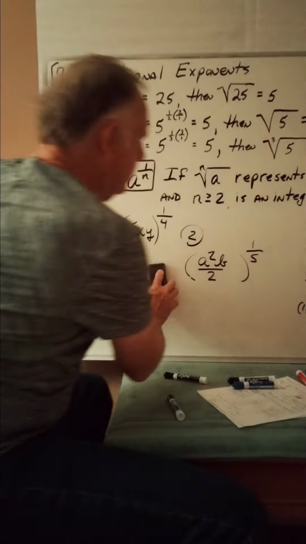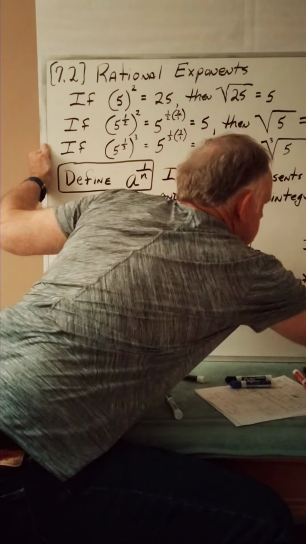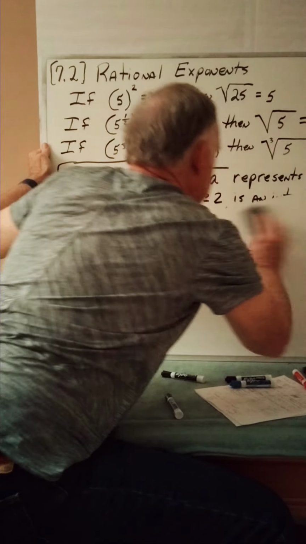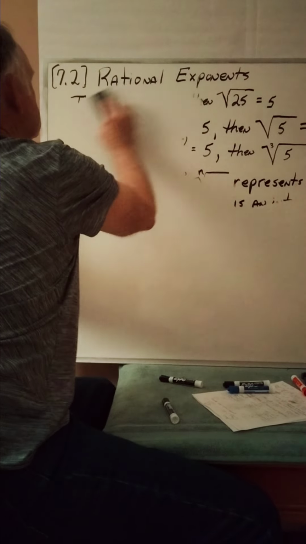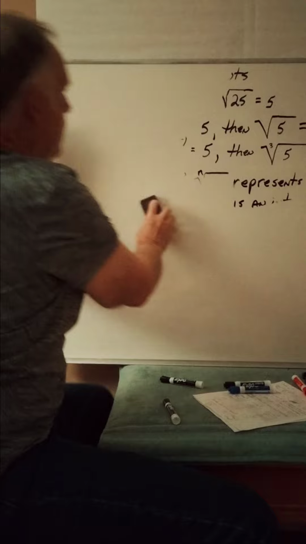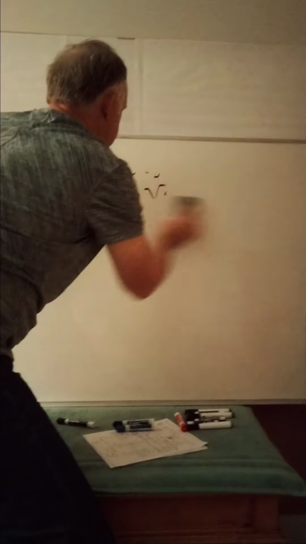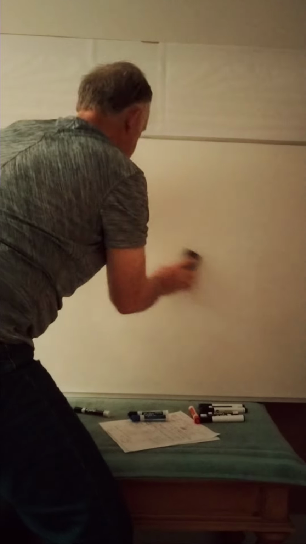Now I want to erase, and then we'll go to the second expression, which is sort of an offshoot of the one that we have just now finished. And we'll show you what this is talking about.